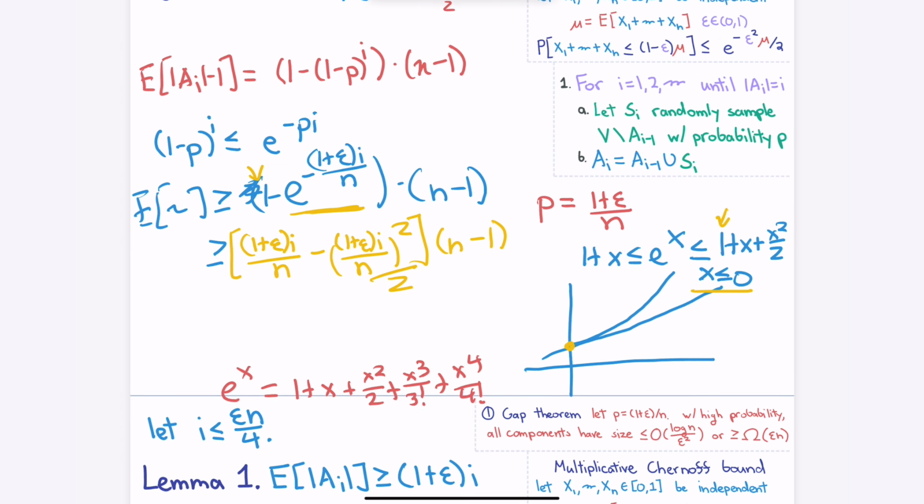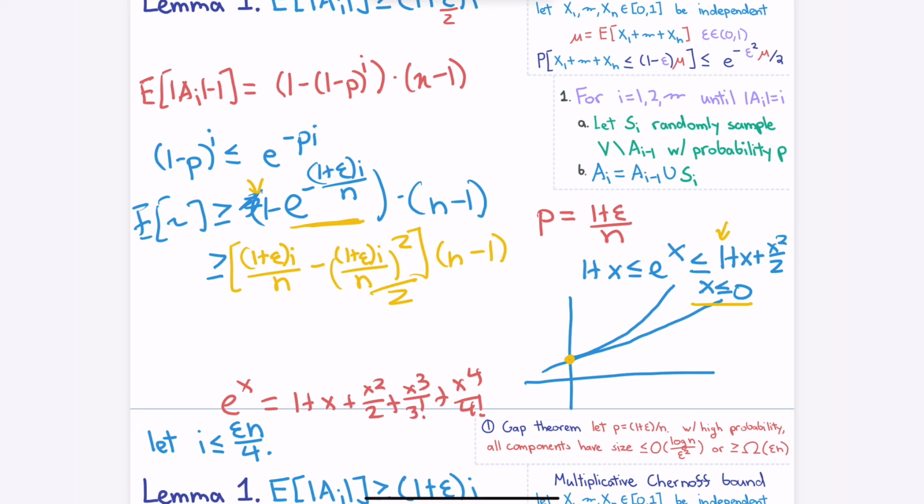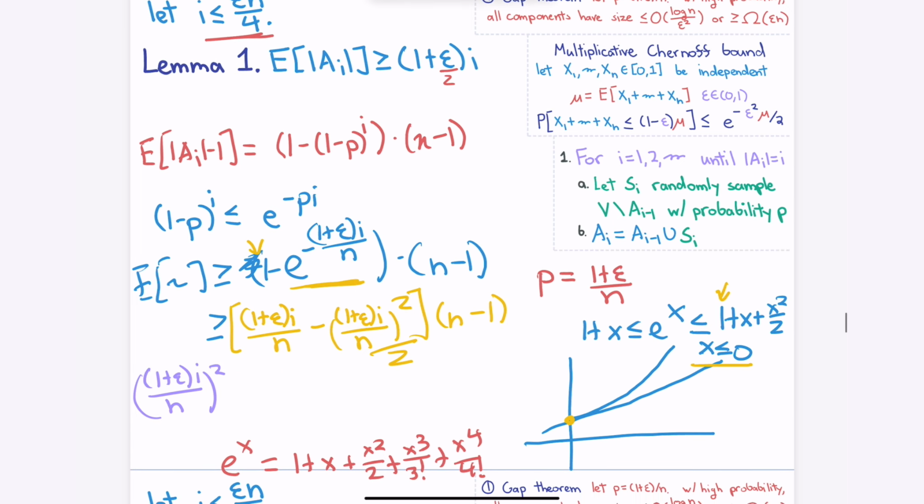So i is at most epsilon n over 4. So you start getting something like 1 plus epsilon squared, epsilon i over 4n or something.